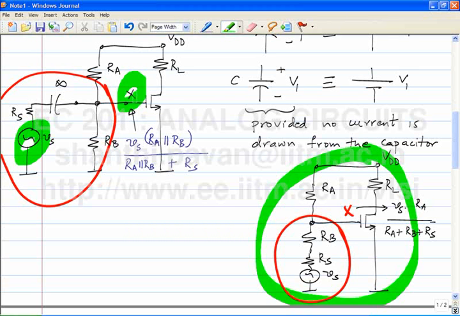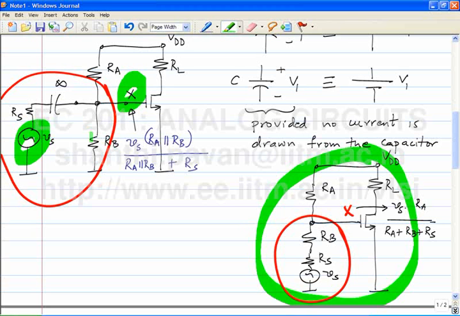Ra parallel Rb must be very, very large. Now, does that affect your operating point? Can you make, in other words, can you make Ra parallel Rb very, very large without affecting your operating point? Yes, because the operating point is only governed by the ratio of Ra and Rb. Okay? Right? So the absolute impedance of Ra and Rb is still under our control.